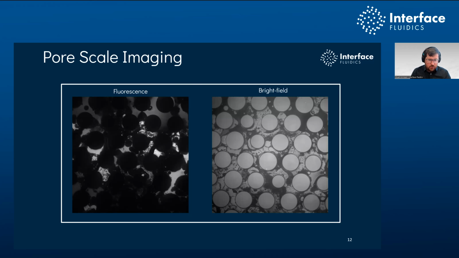So it gives us a very good quantification of how much fluid is in any one pore space at any given time. By combining that with bright field, or basically visible light photography and microscopy, we get the ability to understand how solids or how non-oil phases interact. And so by combining fluorescence and bright field, you get this holistic picture of how my fluid system is responding during production.